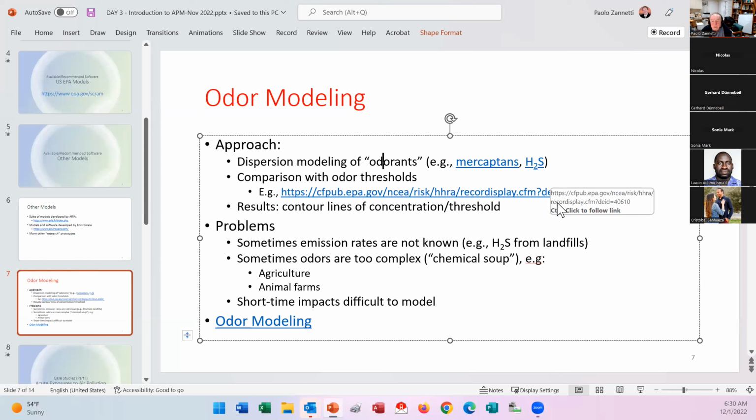So it's very difficult to establish whether or not we have an odor impact, because it depends on the person. Odor is a human sensation. We try to measure it, but it's not like measuring a concentration, which is a physical value. 10 ppb of H2S is a measurement. An odor impact is something that can vary a lot.